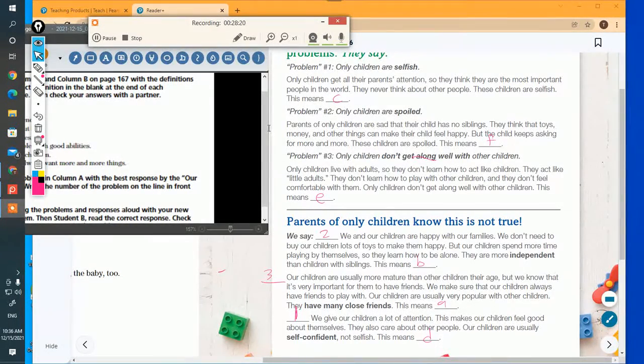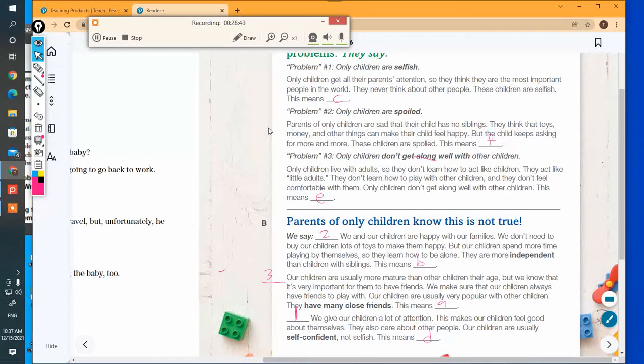They say that parents of only children say that their children are more mature than other children their age, and that they make sure that their children have friends to play with, and that their children are usually very popular with other children, and they have many close friends. So these parents disagree with problem number 3.